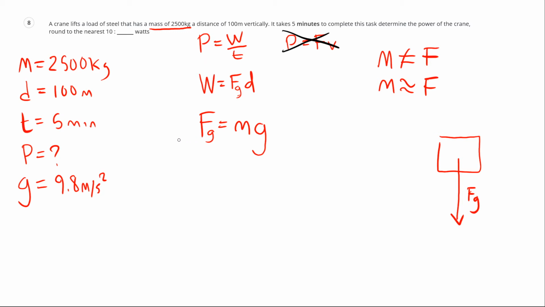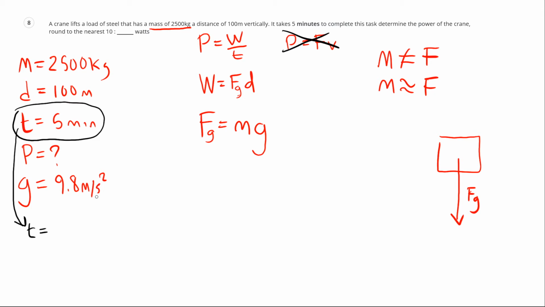The only rub is something I want to point out to you: 5 minutes. In my standard practice, I don't use minutes for my units of time. I want to use my time in seconds, because that's how my formulas are set up. Look, this says seconds. It doesn't say minutes.